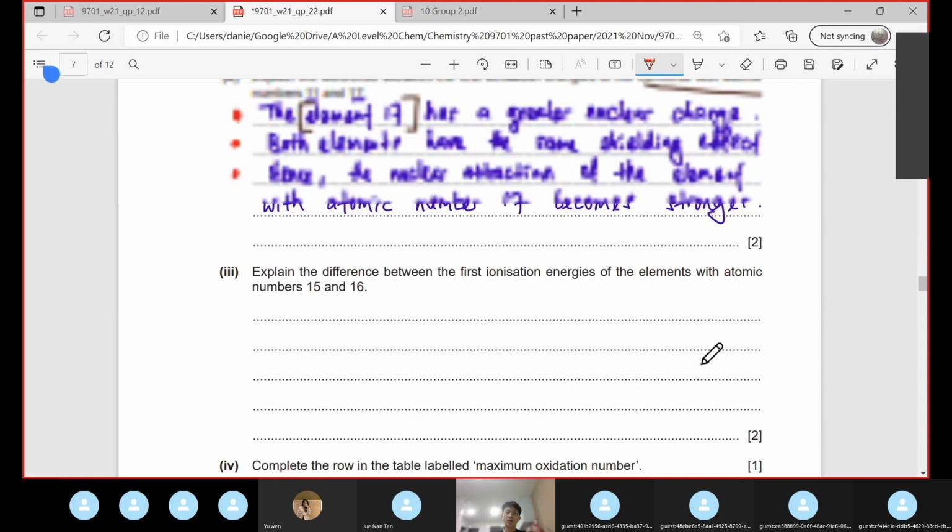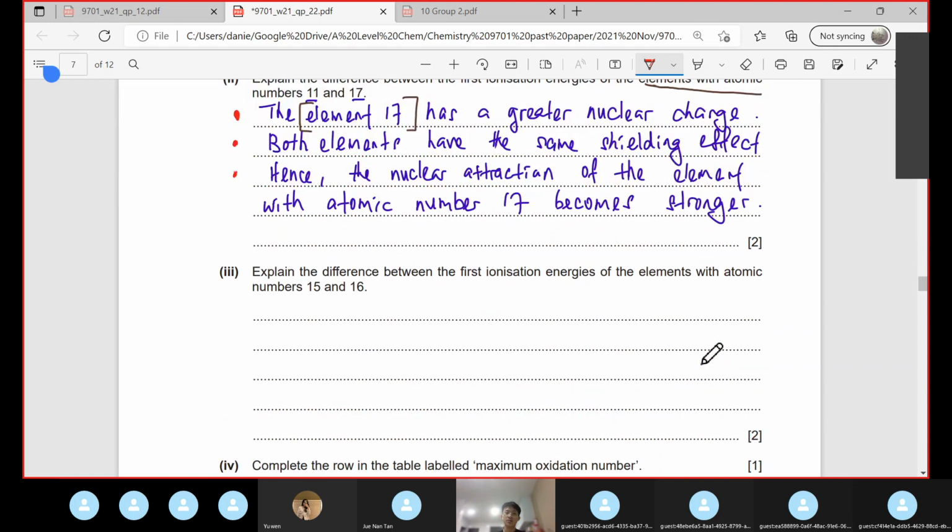So for phosphorus, I write down 3s, 3p. There are 3 single unpaired electrons in the 3p orbital.